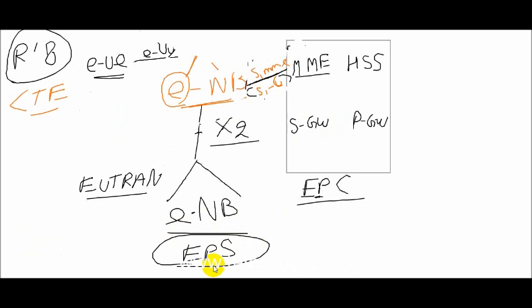So we are following the same concept here. For signaling, E node B should contact MME, but when it has to fetch the data, it should contact the serving gateway or SAE gateway or System Architecture Evolution Gateway, right?